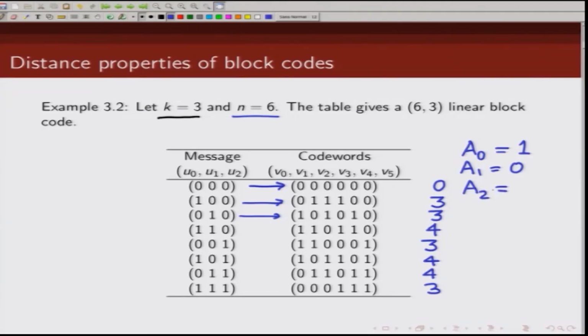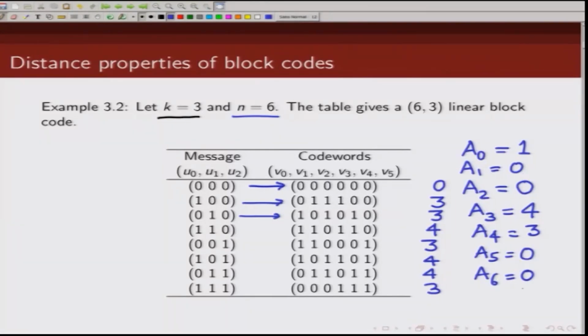How many code words do we have with Hamming weight 2? Again that is 0. What about A3? That is 1, 2, 3, 4. We have 4 code words with Hamming weight 3. A4: 1, 2, 3. We do not have any code word with Hamming weight 5 or Hamming weight 6.